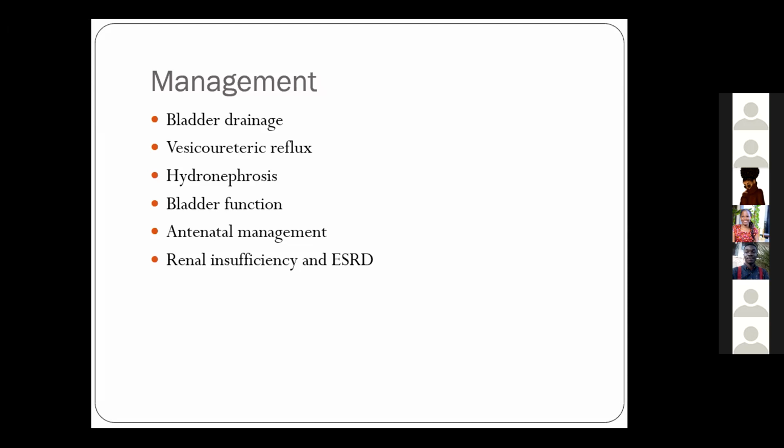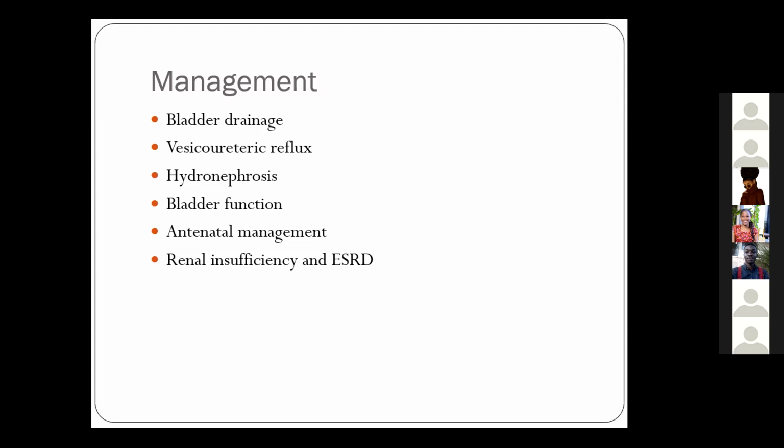And of course, like we said, about 50% of patients with posterior urethral valves, even when managed adequately, will end up with renal insufficiency and end-stage renal disease. And therefore, some of these patients will require kidney transplants later in life. So that's roughly how these other issues can be managed.